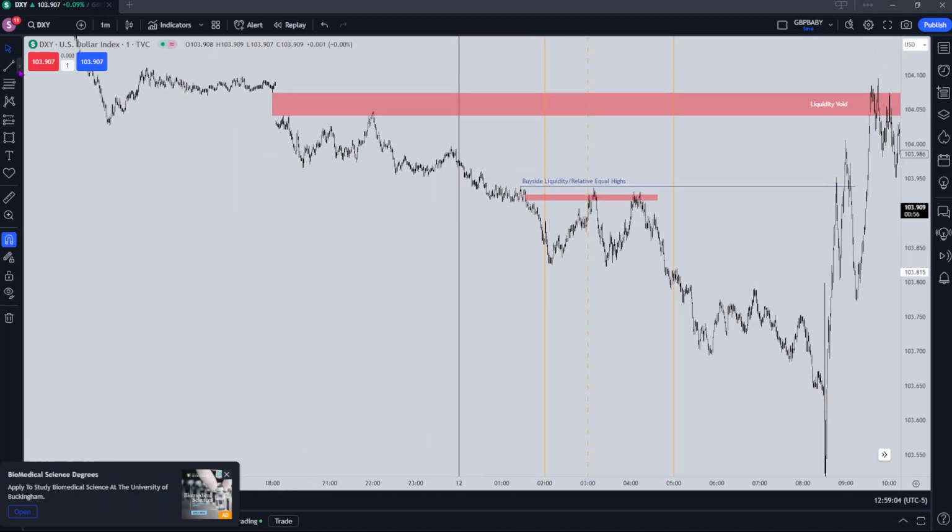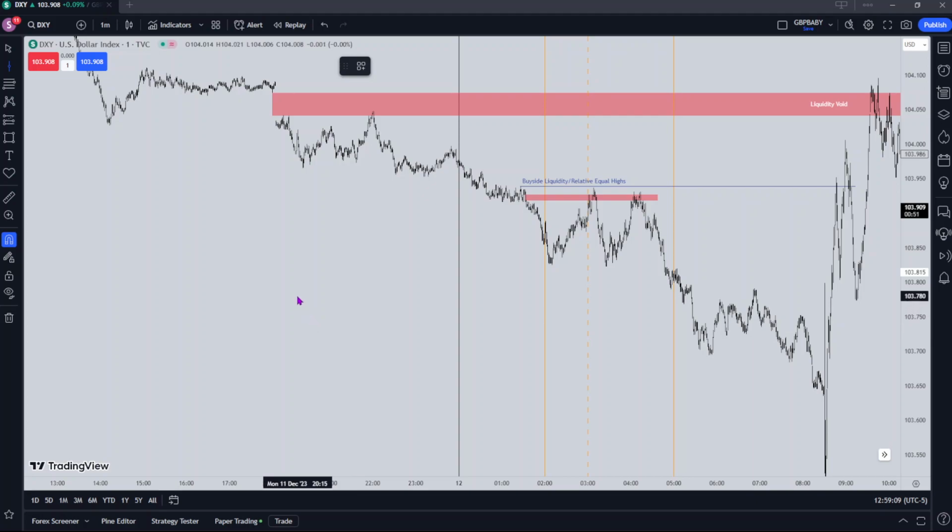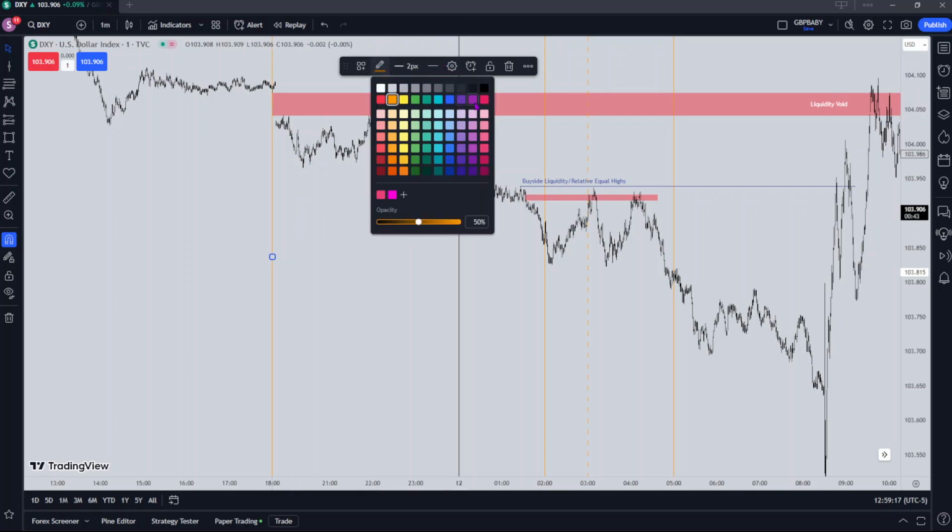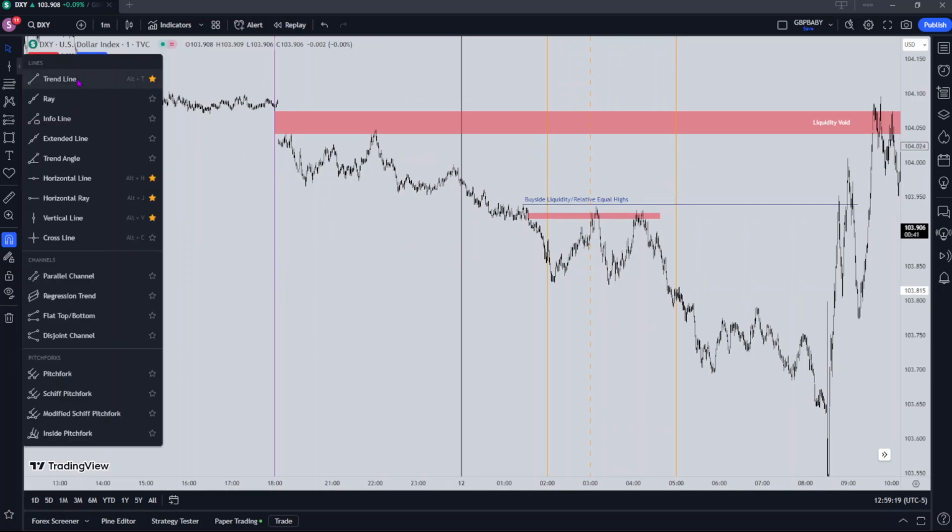One thing to also take note of, let's just mark out the start of the Asian range, which is 7 p.m. here. And the reason I'm going to mark this out is because it's very typical for price to take out both sides of the Asian range, especially in the London session.